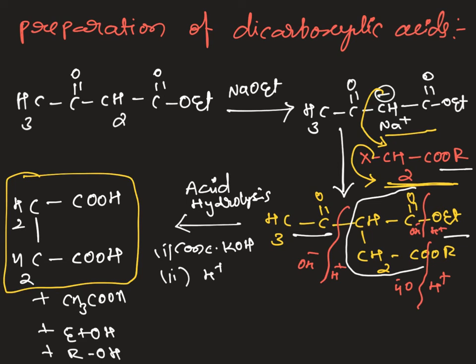So if we need a higher dicarboxylic acid, instead of alpha halo esters we have to take beta halo esters. If you need a further one, you have to take gamma halo esters, and this way we can prepare dicarboxylic acids.